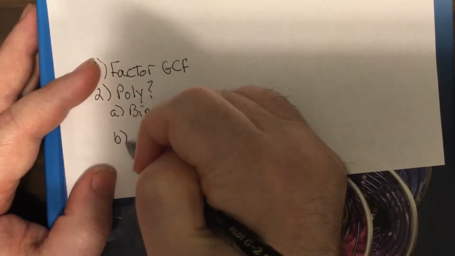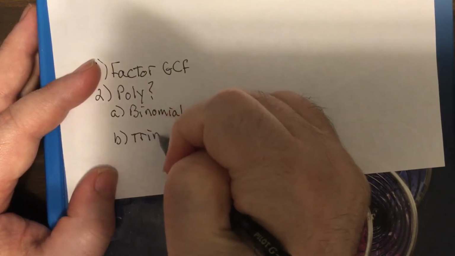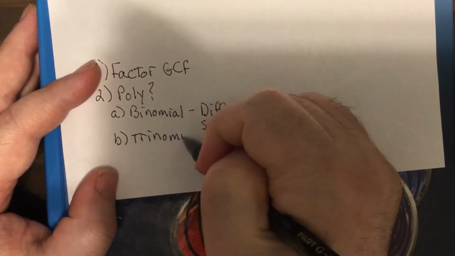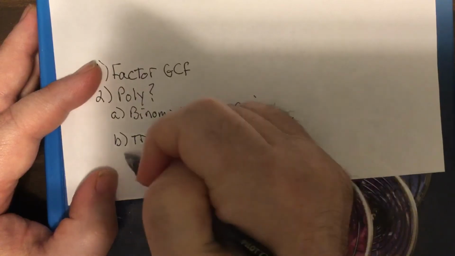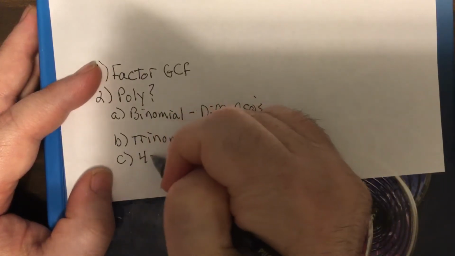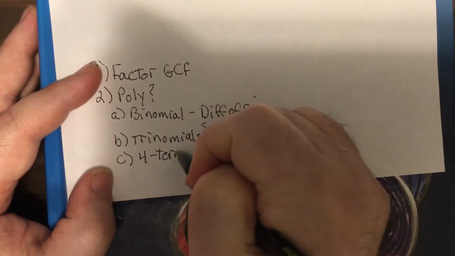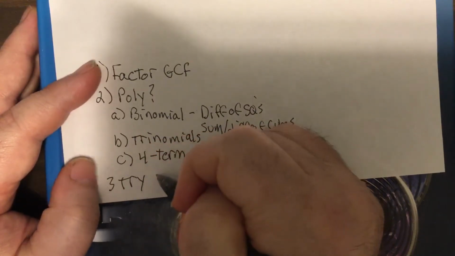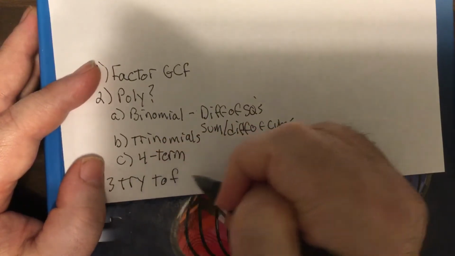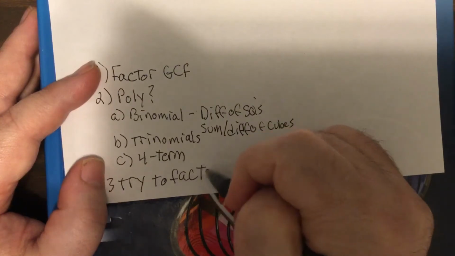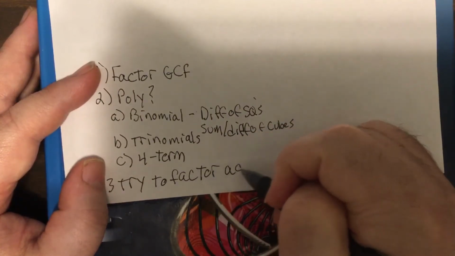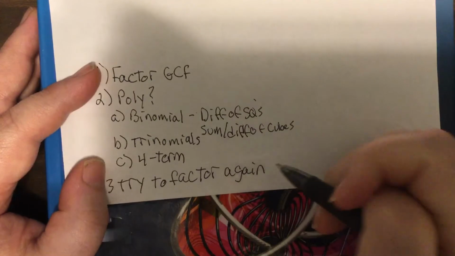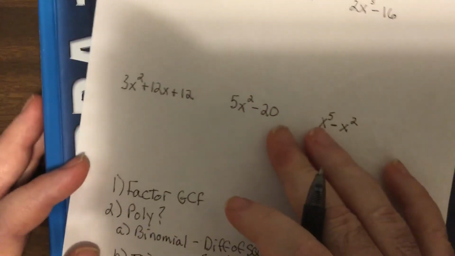Then you have trinomials. Then, like I said, next week we'll look at four-term. Then once you go through that, you try to factor again. So sometimes you might be able to factor 4, 5, 6 times.